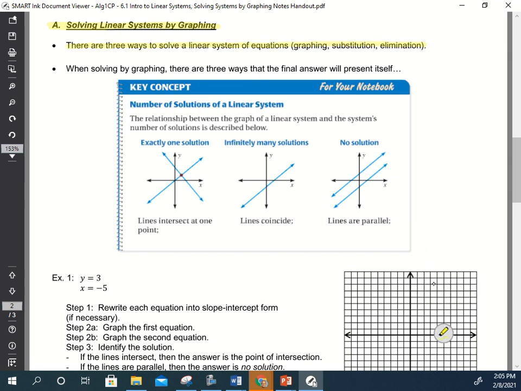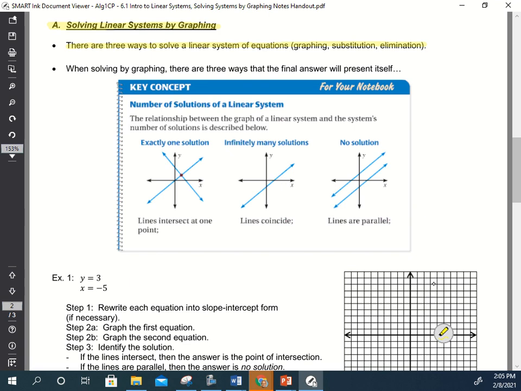So, just so you know, there are 3 ways to solve a system. Graphing, we've done a lot of graphing, substitution, and elimination. Substitution and elimination are algebraic methods. Those use algebra. Graphing uses graphing.